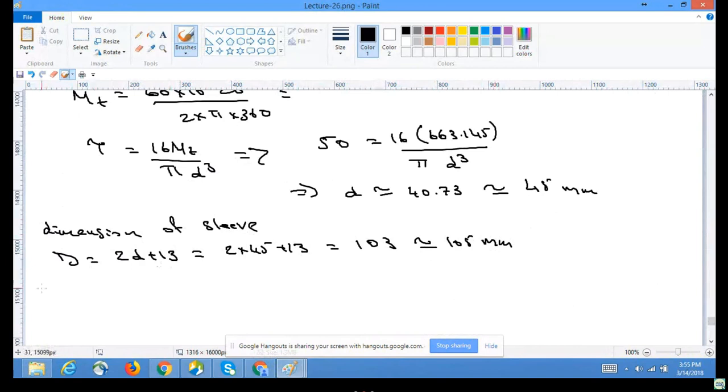And the length of the sleeve is given as 3.5 times d, so 3.5 times 45 gives us 157.5, approximated to 160 mm.